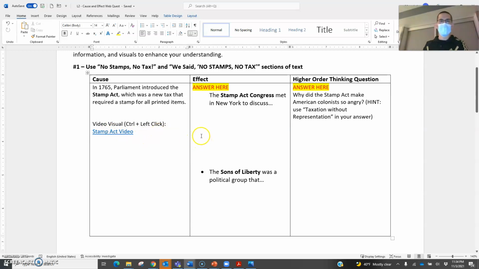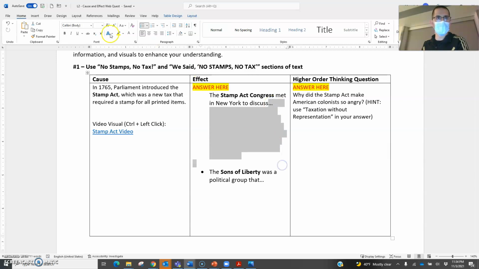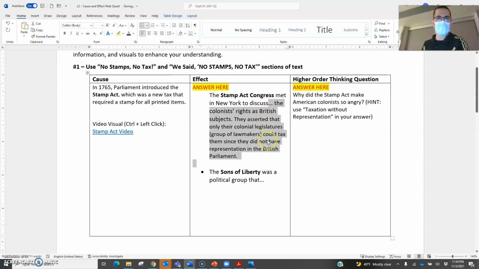So now I see an effect. I need to answer this right over here. It says the Stamp Act Congress met in New York to discuss. Well, what did they do? I have to refer back to my text, and I know that they discussed the colonists' rights as British subjects. They said that only their colonial legislatures, that would be a group of lawmakers, could tax them since they did not have representation in Parliament.